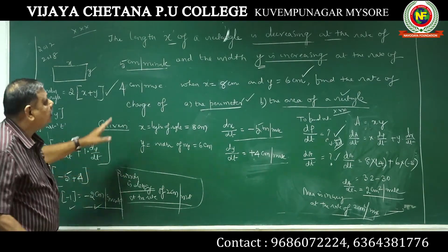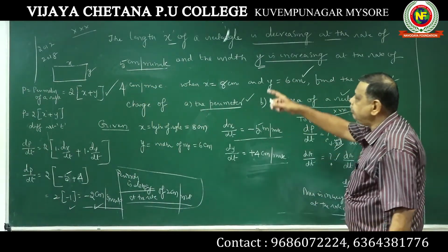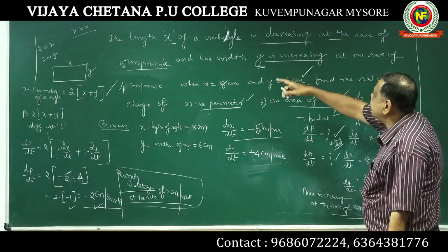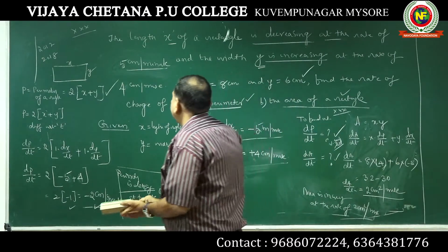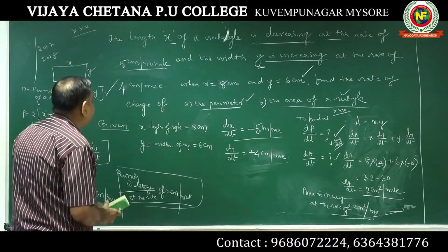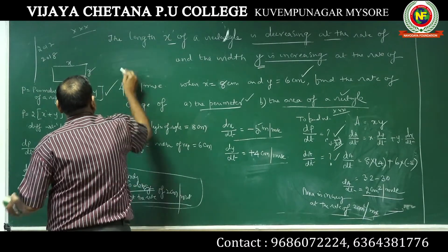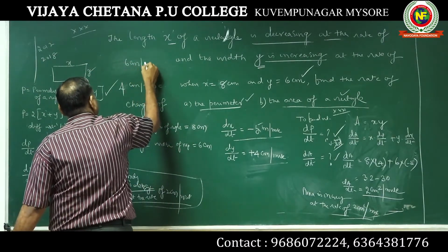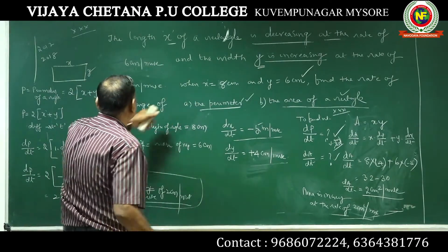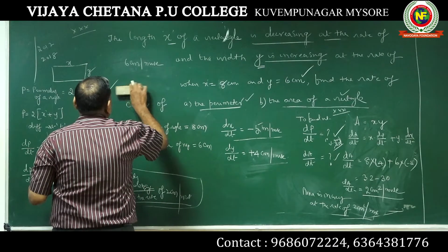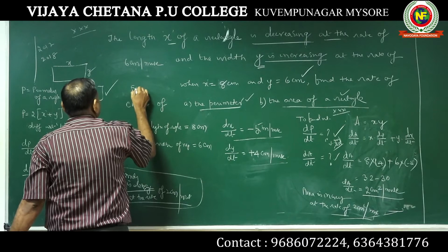Okay. One more problem. You can take it home and try. Copy the same problem. The length x of the rectangle is decreasing at the rate of 6 centimeter per minute, and the width y is increasing at the rate of 5 centimeter per minute.